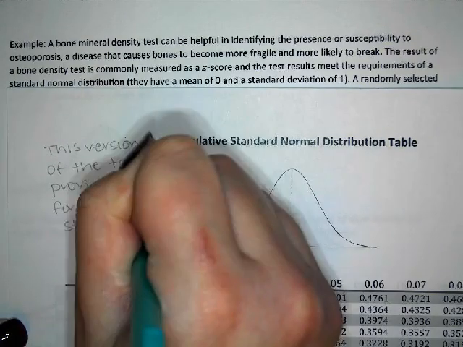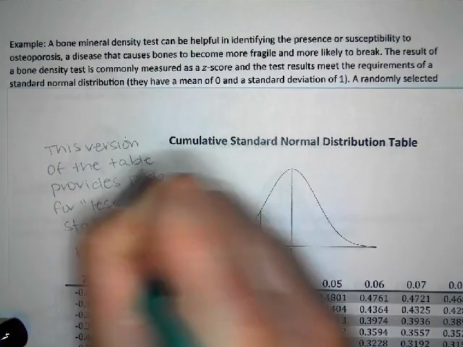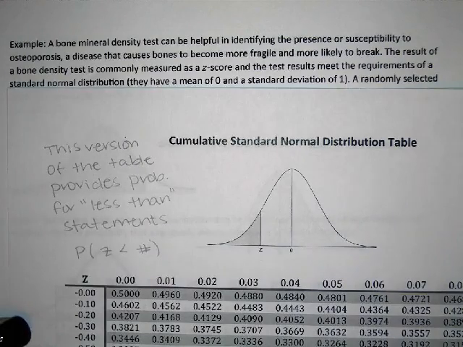So you're finding the probability that Z is less than some number. That's what this table does. And it's not that I had the choice of two tables and I picked one. It's that this is how the tables are set up.